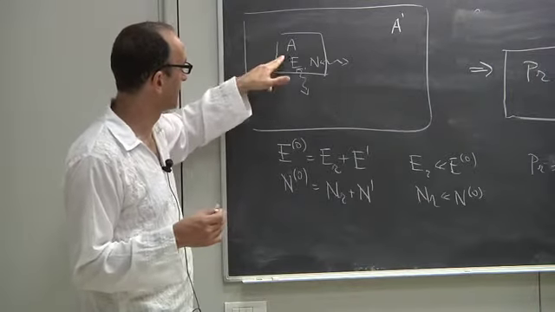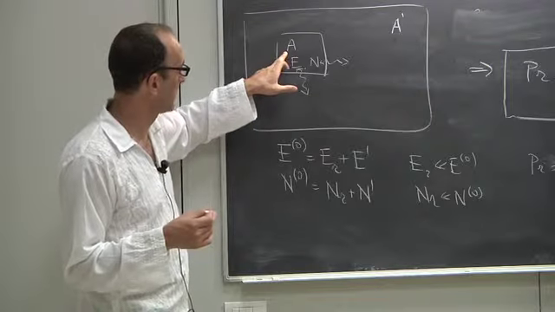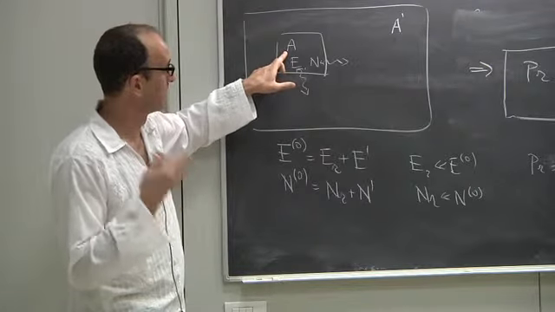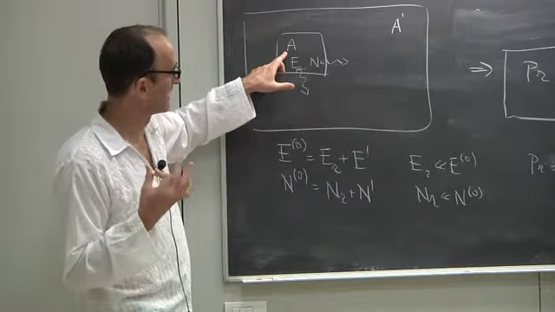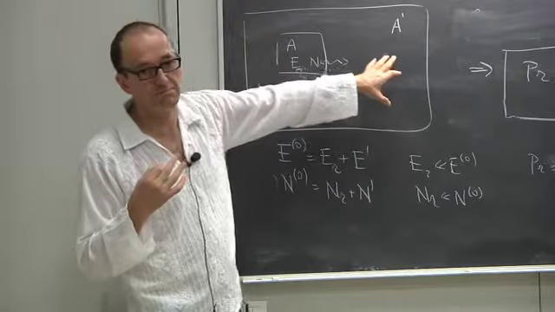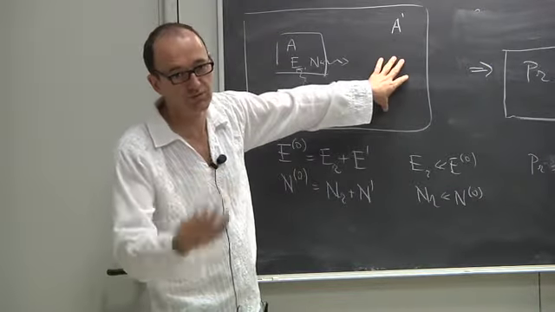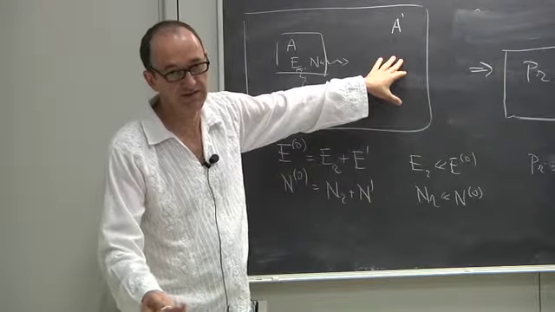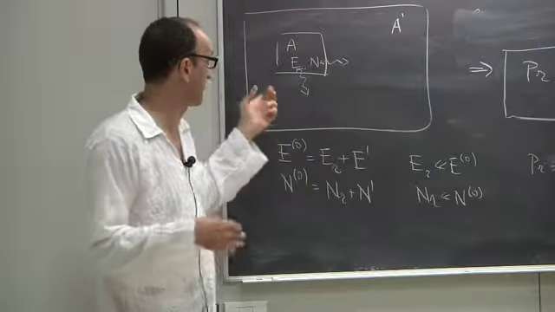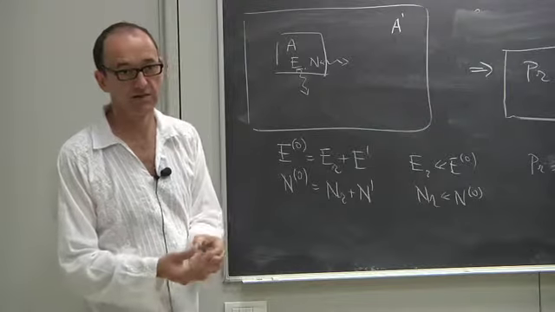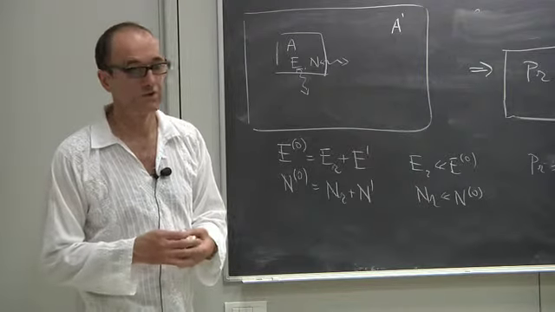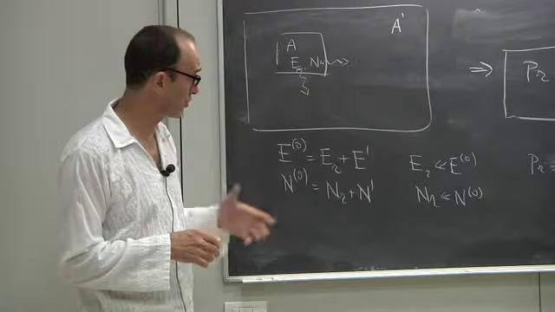If you fix a state for the system A, you have to compute how many possible microstates are accessible to the rest of the system, and the probability of that state will be proportional to that.